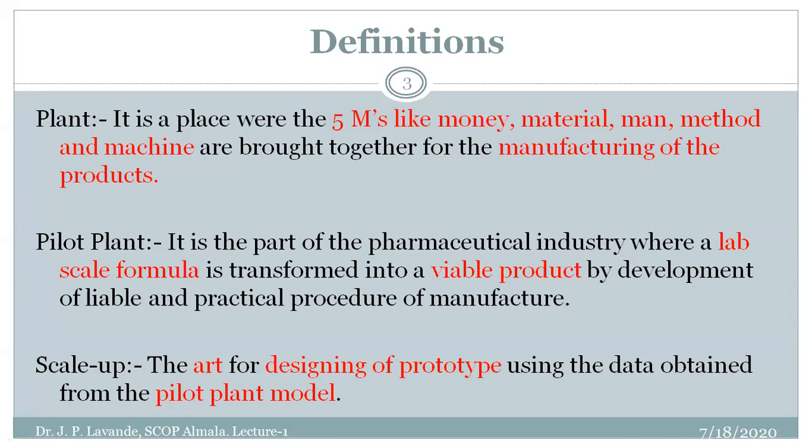Whatever we are performing in the lab as such cannot be implemented at the plant scale. Now, the pilot plant is the link between the lab and the actual commercial plant.